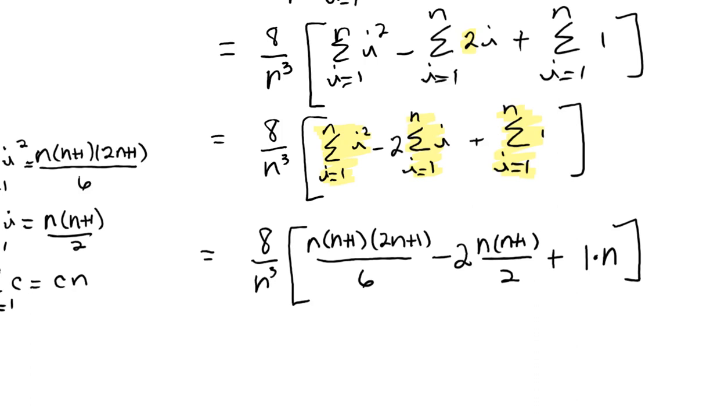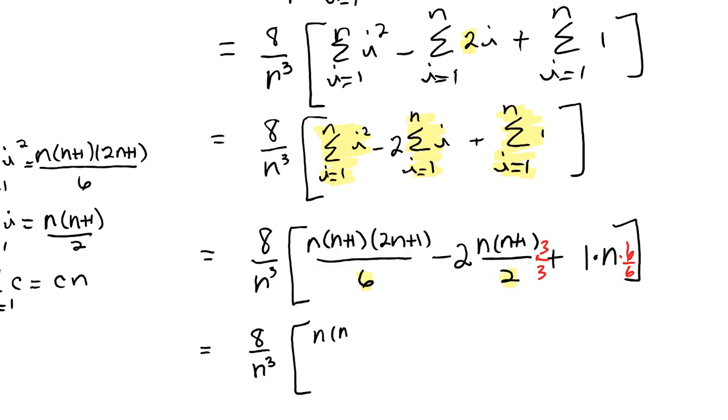I'm going to keep going with some algebra to simplify, and what I'm noticing here is that having these fractions makes it a little bit messy. So I'm going to make them all have the same denominator and then pull that out, or factor that out. So to make them all have a denominator of 6, I'll multiply this one by 3 over 3 and this one by 6 over 6. So that would give me 8 over n cubed.